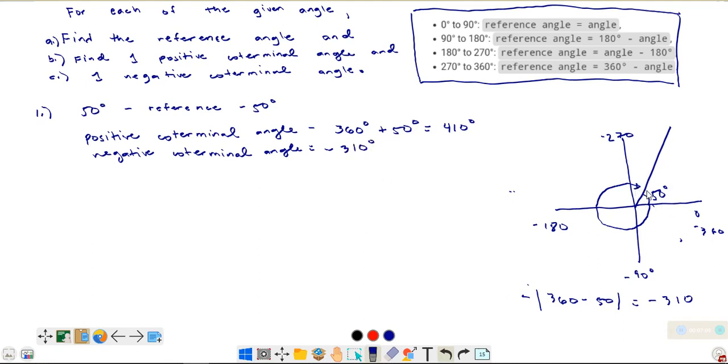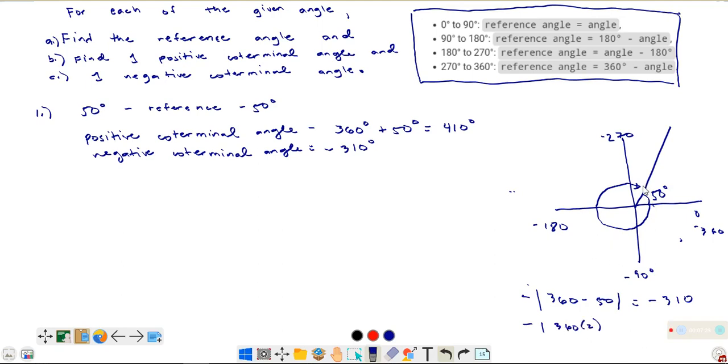So, meron kang 360 degrees, only that, hindi siya umabot sa 360 kasi kailangan mong tanggalin yung portion ng reference angle mo. Pwede rin tong i-expand ulit. All you have to do is to complete the revolutions here. Meron kang 360.